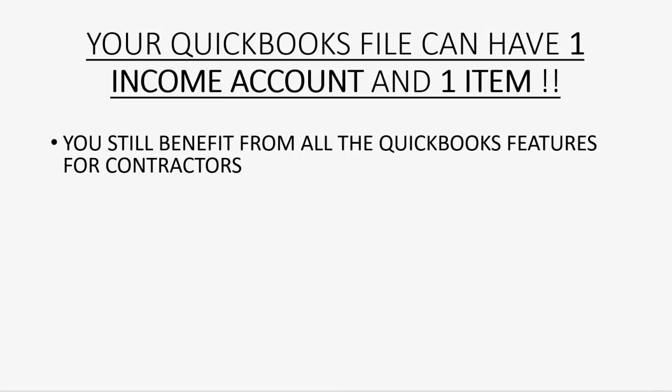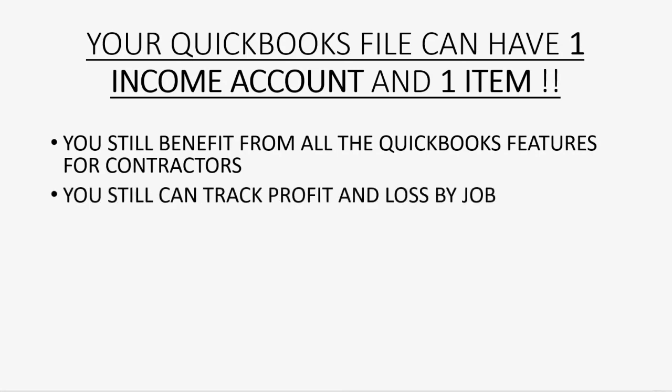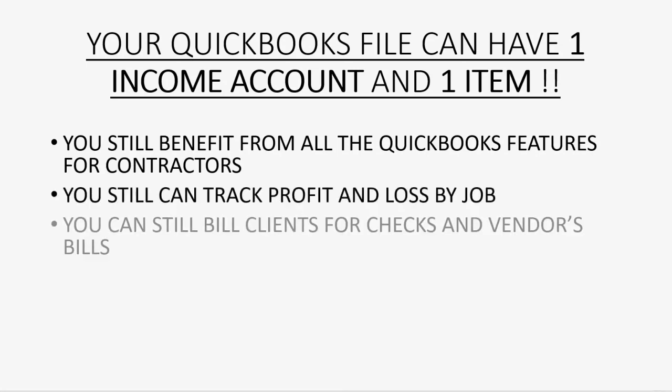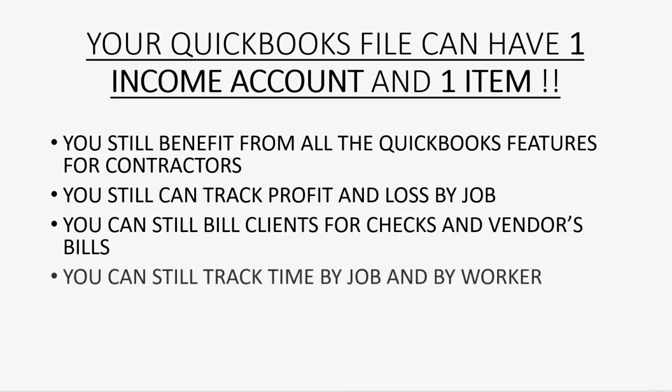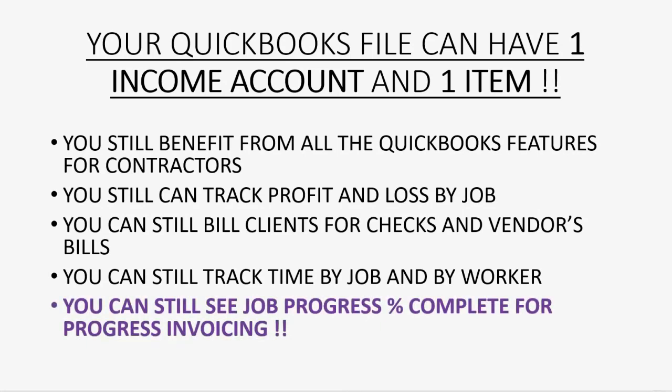If you do it this way in QuickBooks and leave the details in the continuation sheet from A.I.A, you can still benefit from all the QuickBooks features for contractors. You can still track profit and loss by job. You can still bill clients for checks and vendors' bills that are designated for those jobs. You can still track time by job and worker, and you can still see the percent complete of each job in your progress invoicing reports.